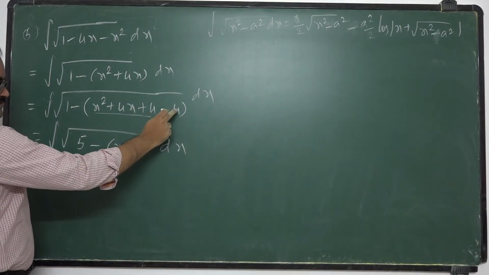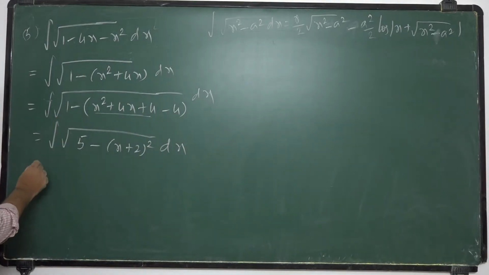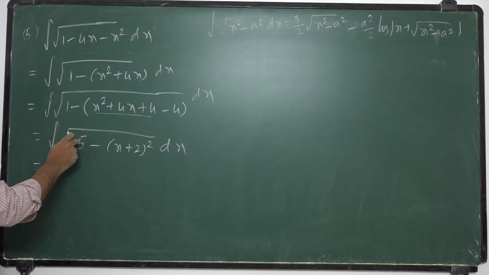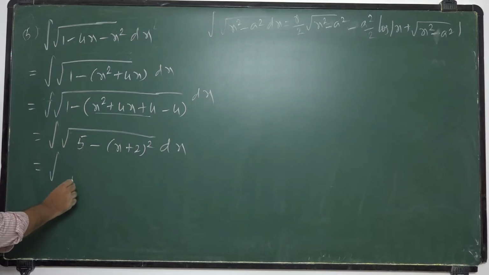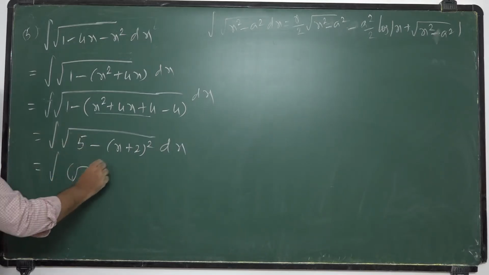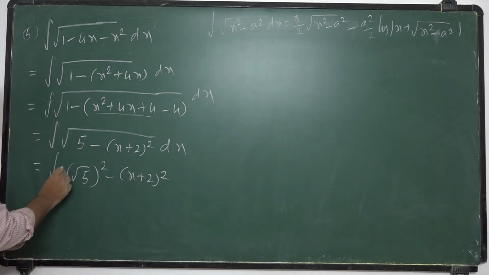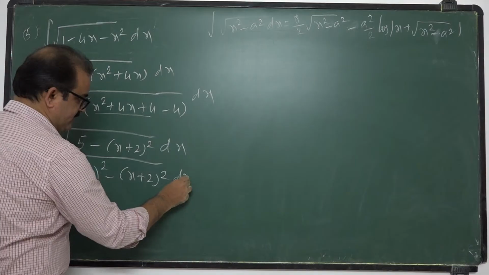Minus into minus plus 4 plus 1, 5. It is in the form of integral root a square minus x square. You write 5 as root 5 whole square minus x plus 2 whole square into dx.